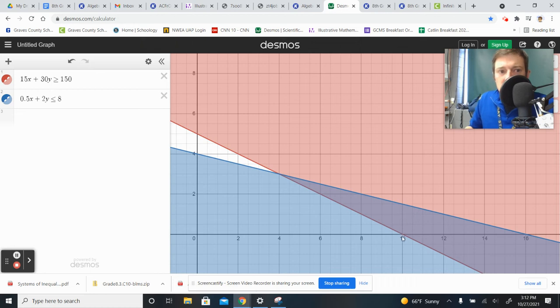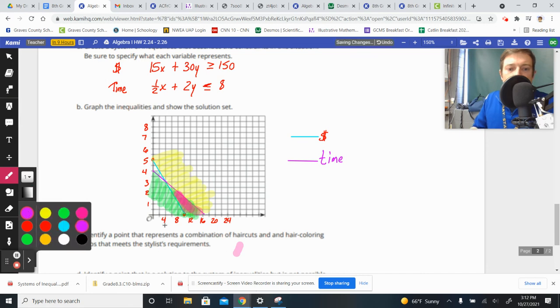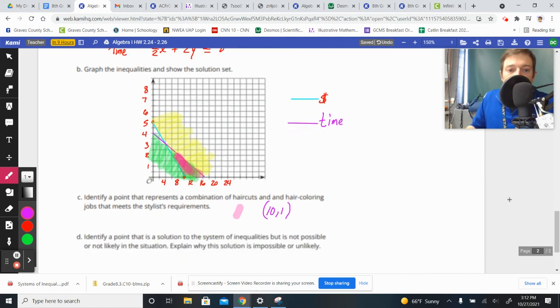So that would be 10 on the x-axis, which are haircuts, 10 haircuts, and 1 on the y-axis, with 1 coloring. So that would work. Let's go back and write that down. I like the point 10 and 1. There are others. That's just the one that I'm going with. That would be 10 haircuts and 1 coloring.